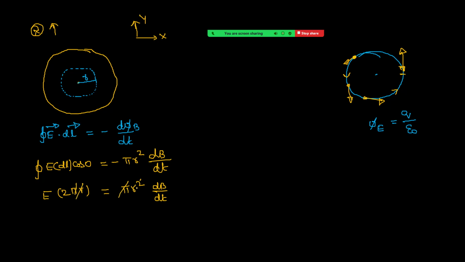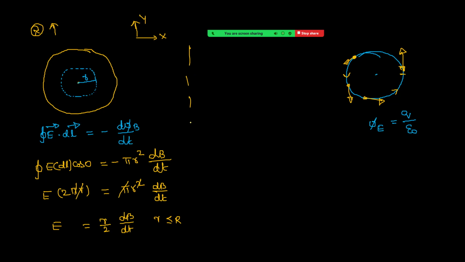One r gets cancelled. Remaining is now E equal to r by 2 into dB by dt. This is when r is less than or equal to capital R, right? This is inside the cylindrical region, meaning inside the magnetic field region, right?